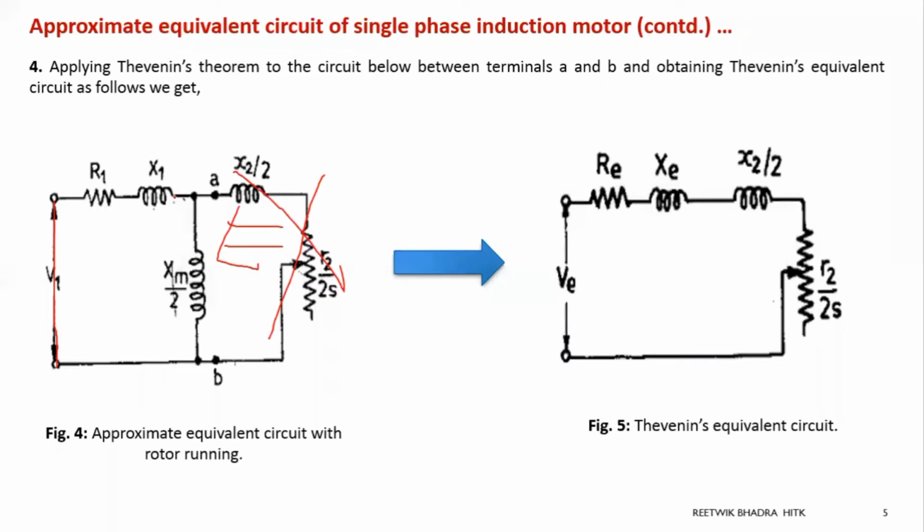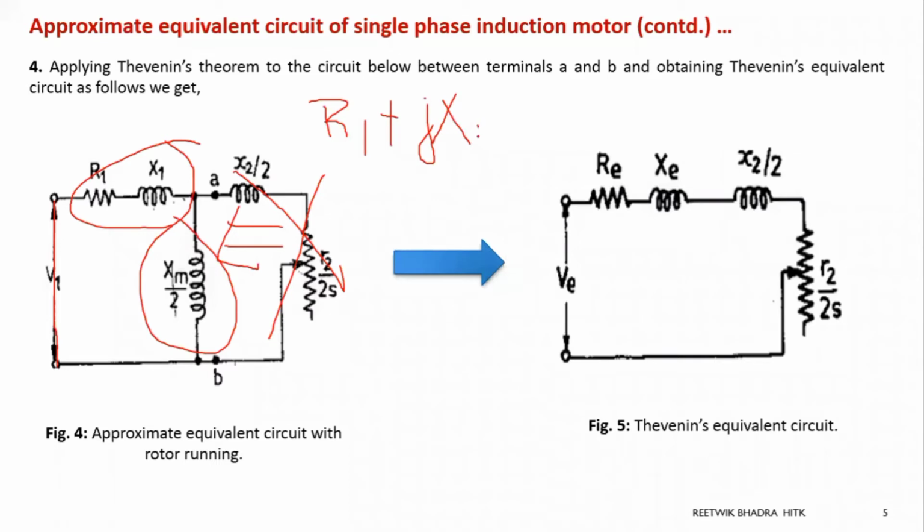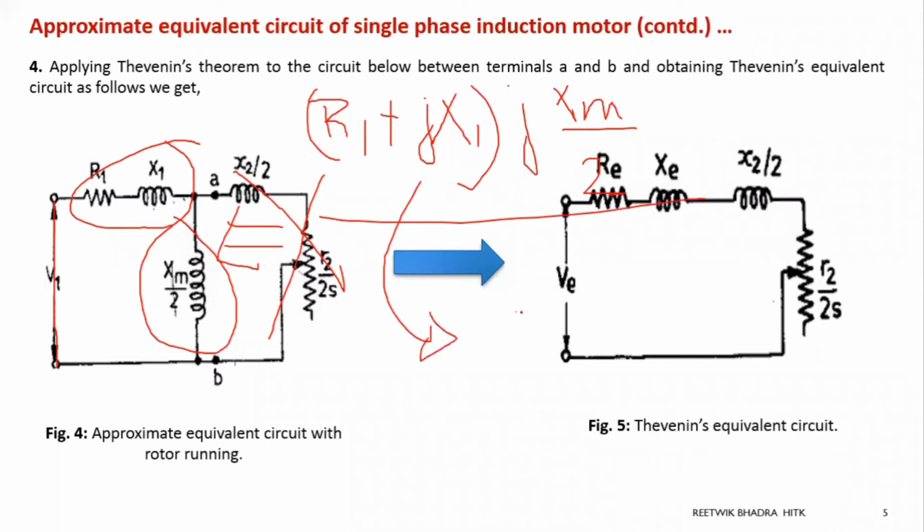And if I look from this direction, this branch and this branch come in parallel. So what should I write? R1 plus jX1 in parallel with jXm by 2, divided by this term plus this term, Z1 Z2 by Z1 plus Z2.